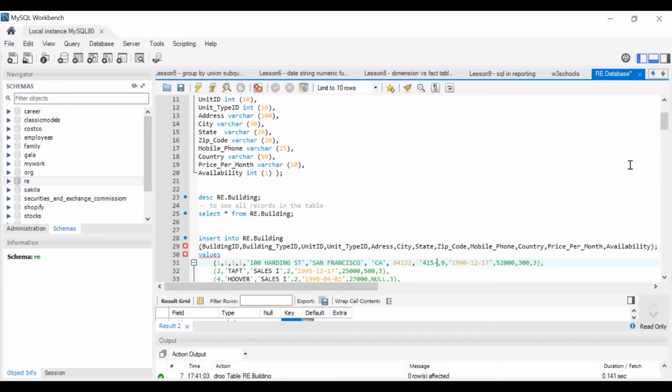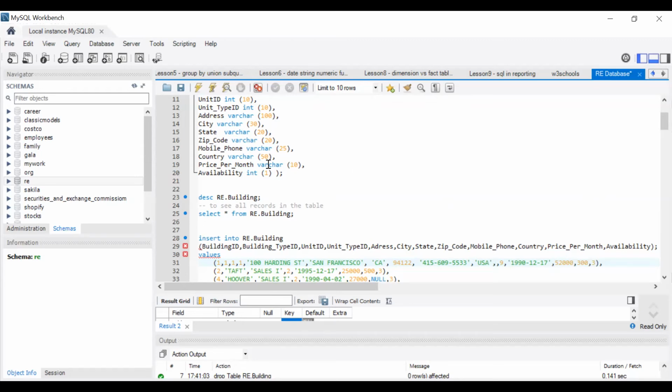I don't know, 609, 5533. Okay, so this is a mobile phone. Country is USA. And what else is there? Price per month. So price per month is a varchar. I really didn't want to have it.